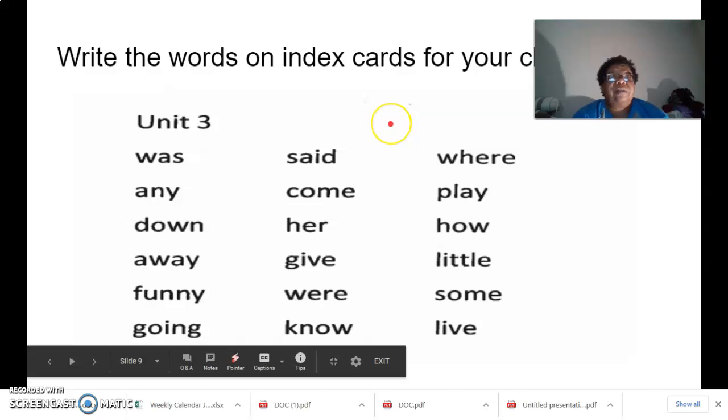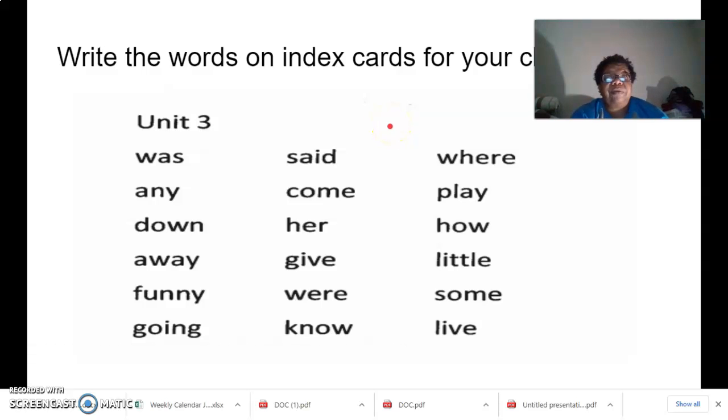This one is for this 6 weeks. We have Unit 3.